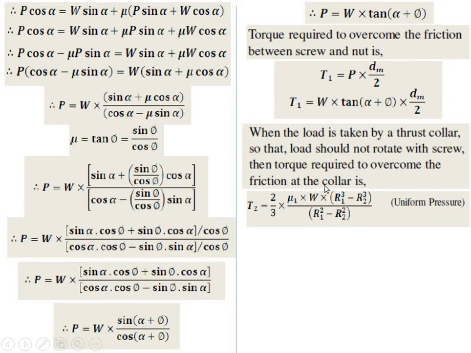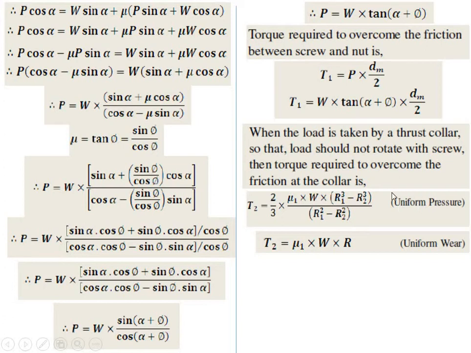torque required to overcome the friction at the collar is found according to the uniform pressure theory and according to the uniform wear theory. Okay, so T2 is equal to 2/3 into mu1 into W into R1 cube minus R2 cube divided by R1 square minus R2 square.